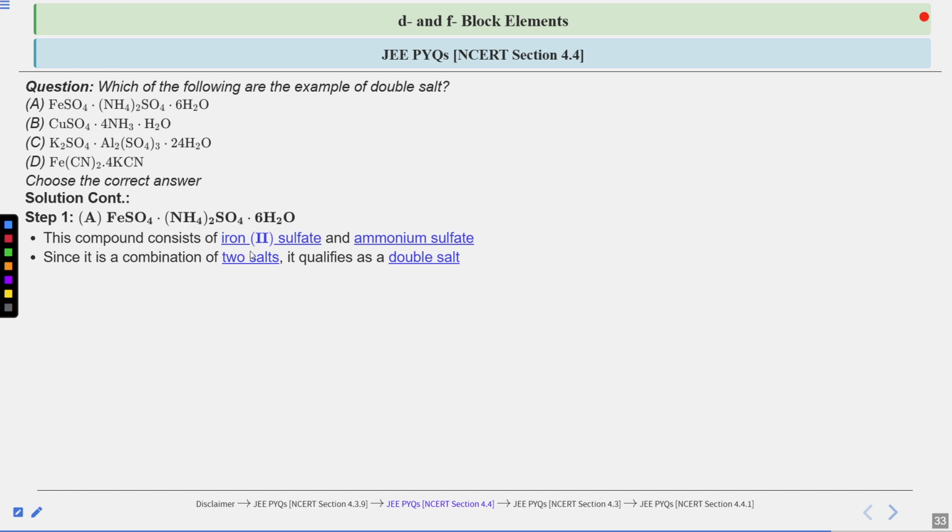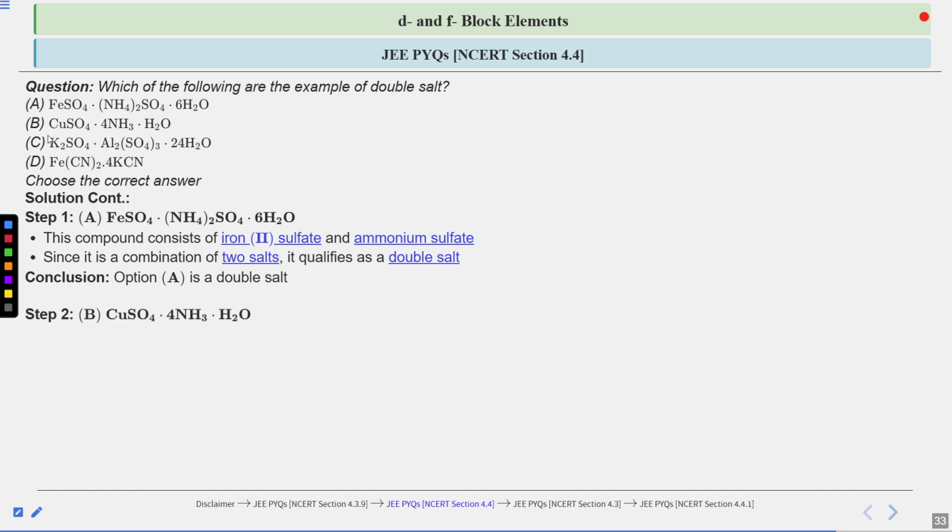Since it is a combination of two salts, the iron sulfate and ammonium sulfate, it qualifies as a double salt. Conclusion is that the A salt which is given is a double salt.